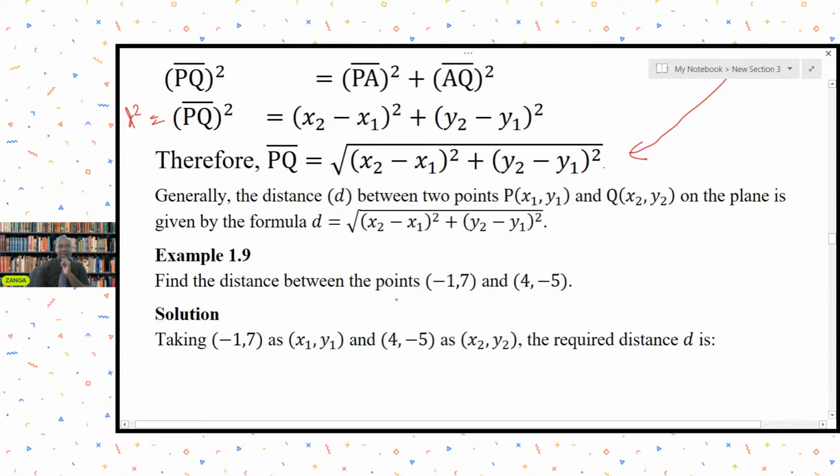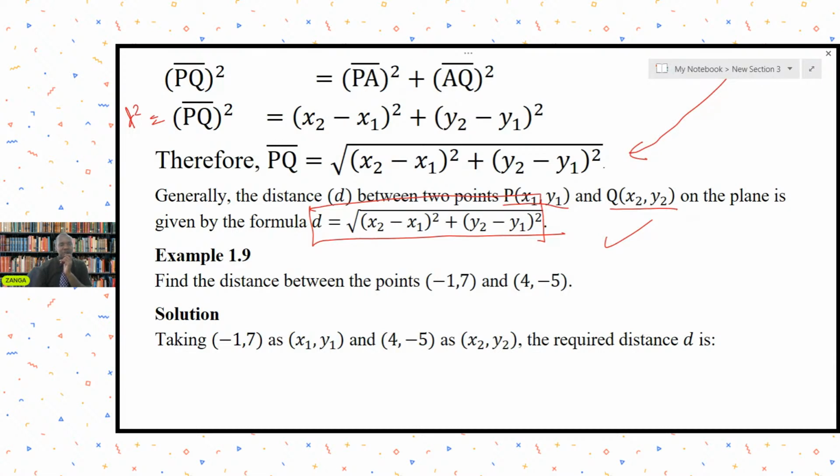Generally, the distance between 2 points (X1, Y1) and (X2, Y2) on the plane is given by distance D equals square root of (X2 minus X1) square plus (Y2 minus Y1) square. That is the formula we are going to use always to find the distance between 2 given points. And now let us jump to an example.